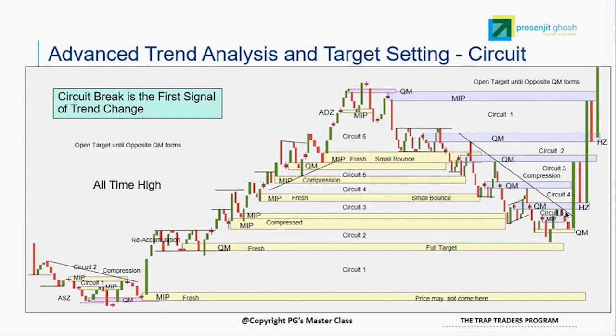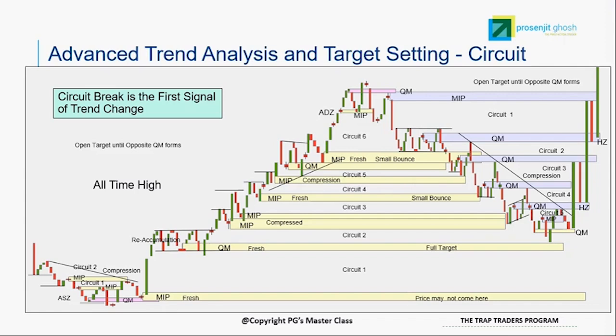At that time I will know, yes, the trend change has happened. Okay, and price will come down and move up, supported by what? The approach. As you can see, everything is compressed. So a circuit break and, above it, a lot of compression will tell you that price is going to change its trend. Okay. Everyone, any further questions?